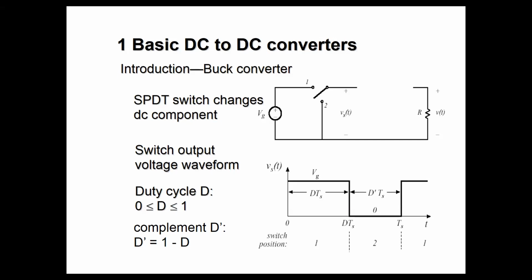In the third step, we have introduced a single pole double throw switch, and the switch can change from position 1 to position 2. The position 1 and position 2 timing were dependent upon the switching, for how much time we want to connect it to position 1 and for how much time to position 2.